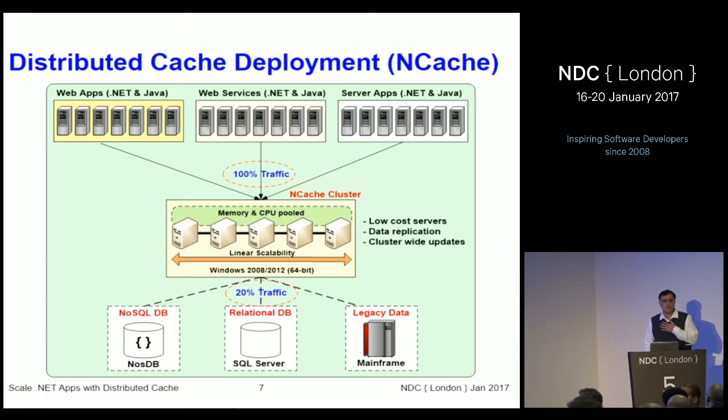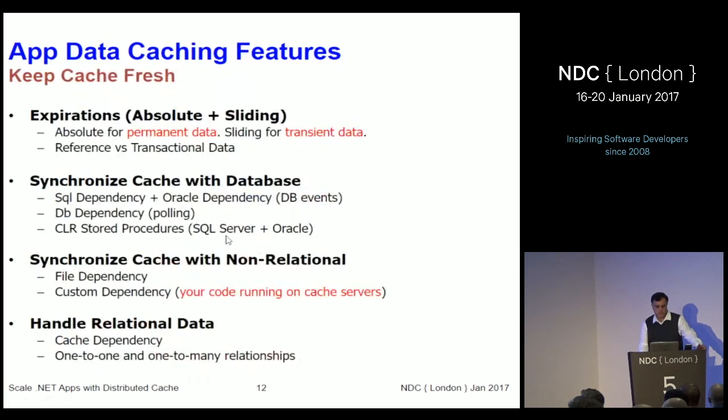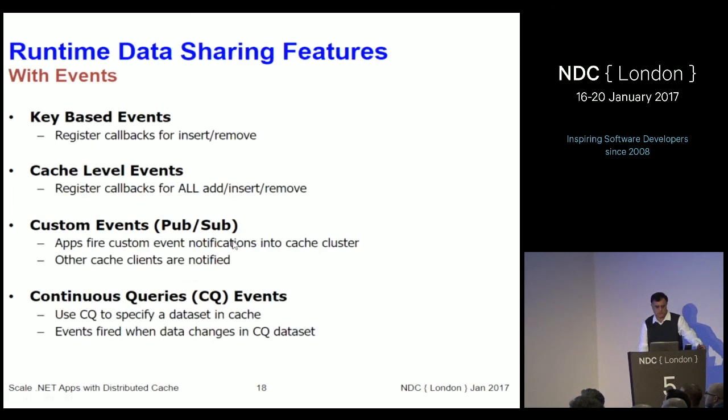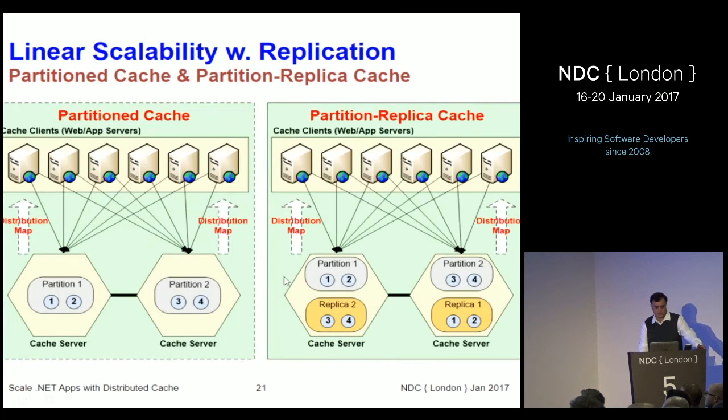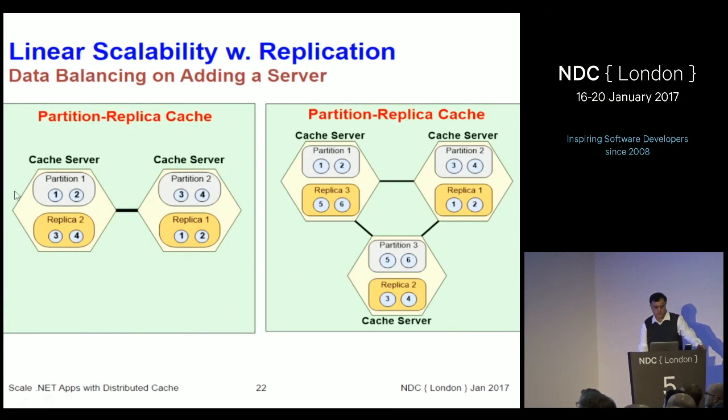Okay. I can talk about NCache. Every cache has their own strategies. By the way, this feature, read-through, write-through, on the .NET side, only NCache has. On the Java side, you have other players that have it. In case of NCache, depending on what caching topology you're using, there are different caching topologies, but let's say you were using this topology called partition replication, or partition replica here, where you can have multiple partitions, every partition is backed up onto a different server.